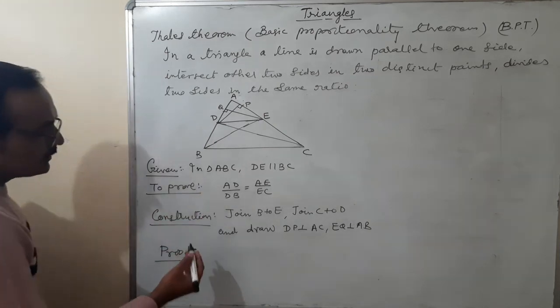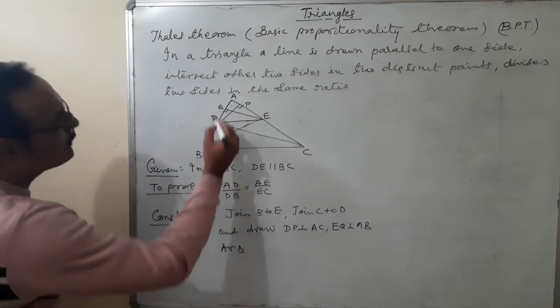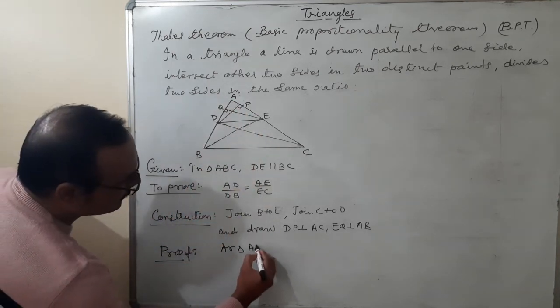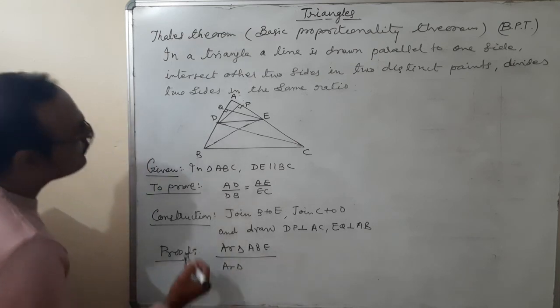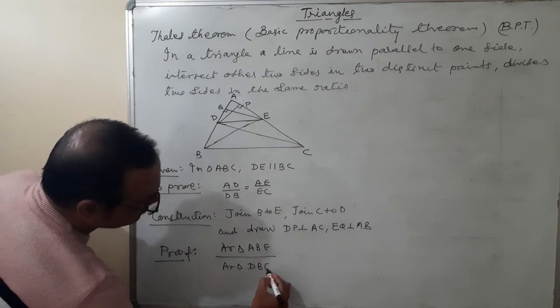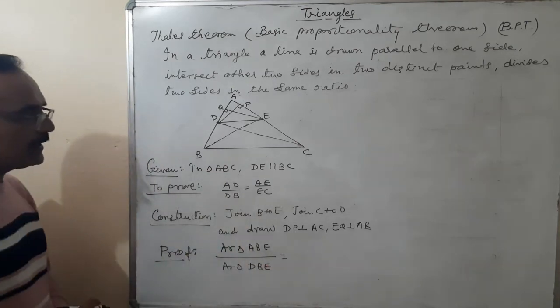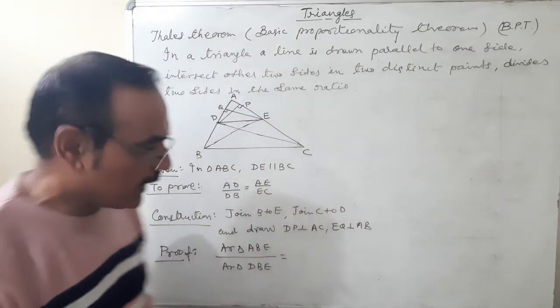Okay. So I am taking now area of triangle ADE upon area of triangle DBE. You know that the formula of area of triangle is half into base into height.